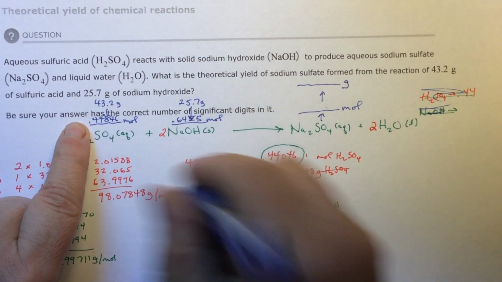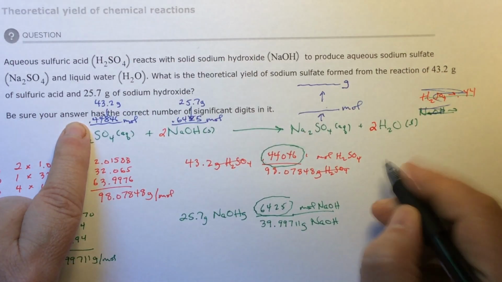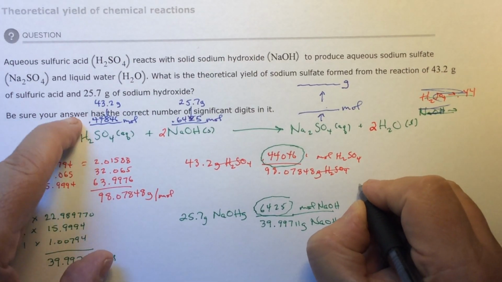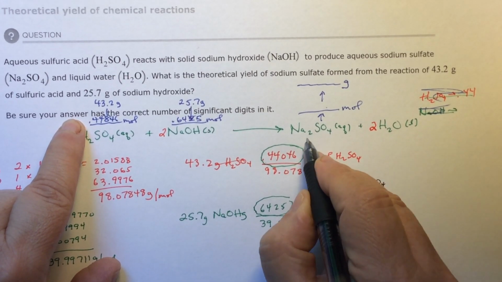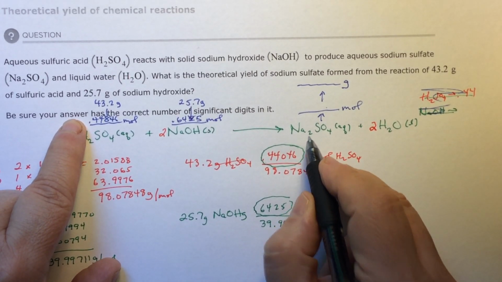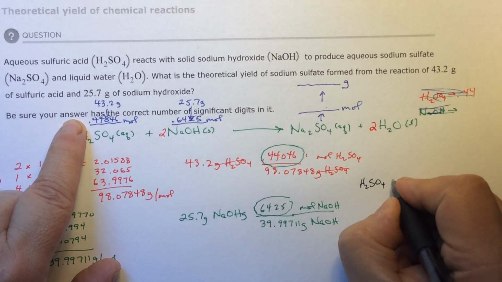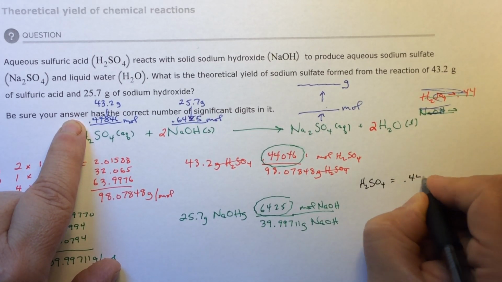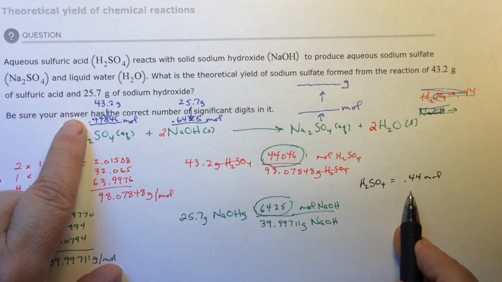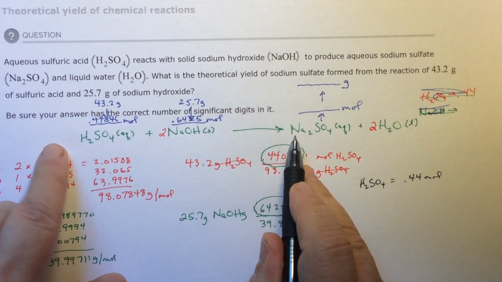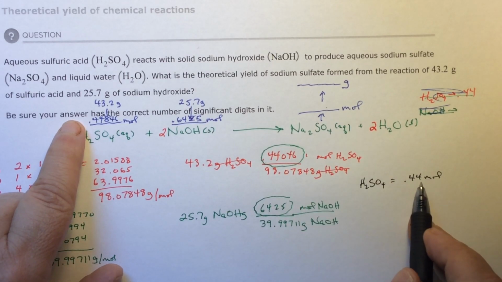Okay, so let me write it down here. So for the H2SO4, how much of the sodium sulfate can I make? I can make 0.44 moles. Okay, that's what I wrote up here, but I'll just write it here. I can make 1 to 1, so I can make 0.44 is to 0.44.